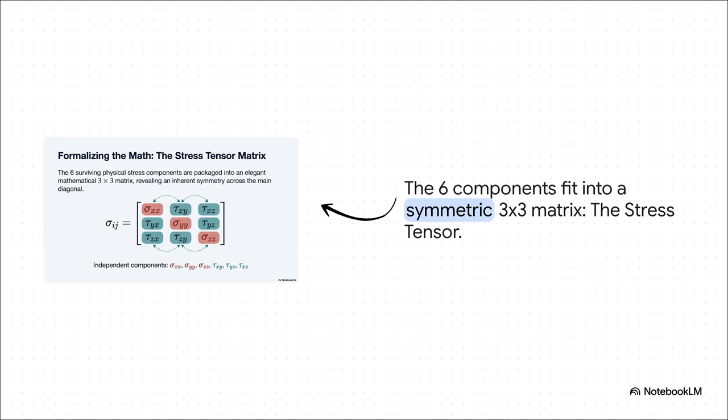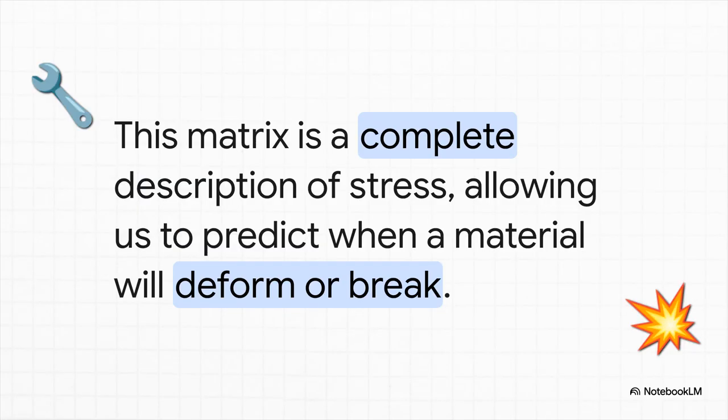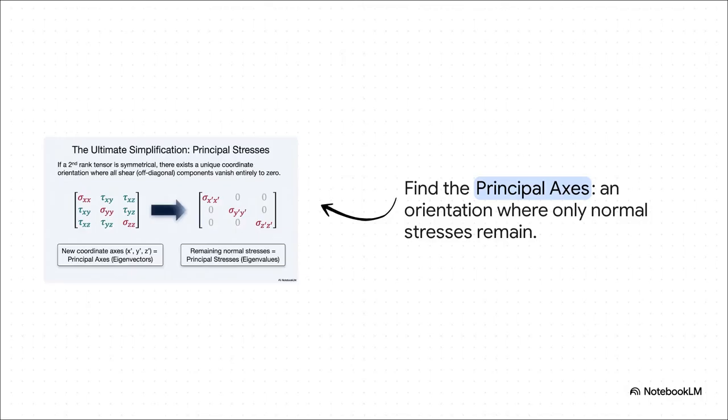It's awesome. So why does this matter? Who cares? Well, we care because with this one single compact tool, engineers can analyze forces from any direction. It's like a universal translator for stress. It lets us predict how, and more importantly, when a material is going to bend, deform, or just plain break. But hold on, here's the ultimate simplification, the final magic trick.